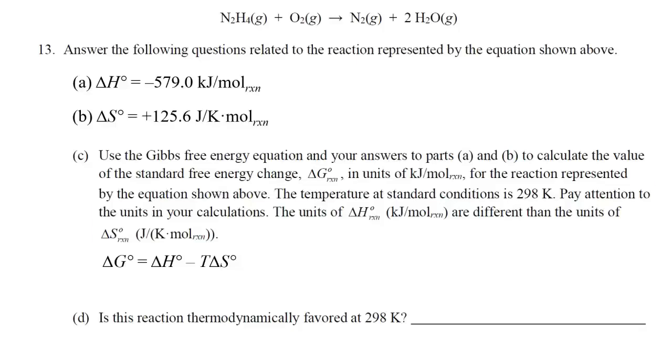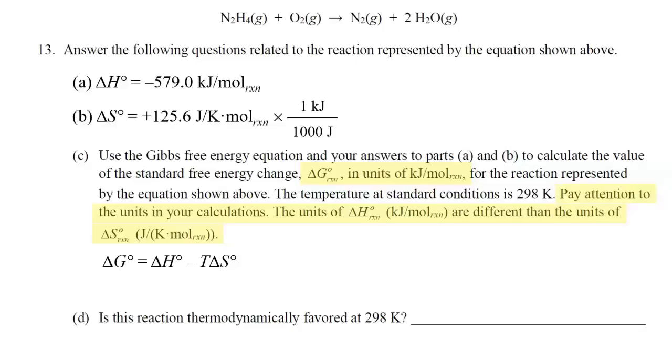But this time, we are going to pay attention to the units in our calculations and not make any mistakes. So we're looking for units of kilojoules per mole of reaction, which means we're not going to change the units of delta H, but we have to do the same thing that we did in question 12, and that is convert from joules to kilojoules for the entropy value.